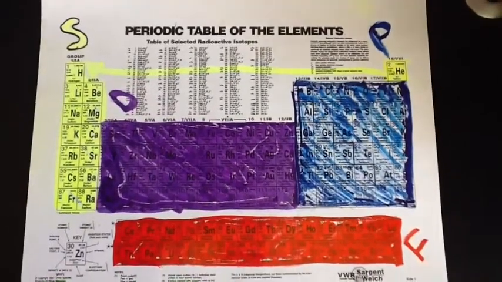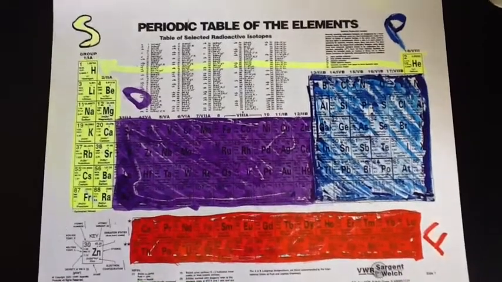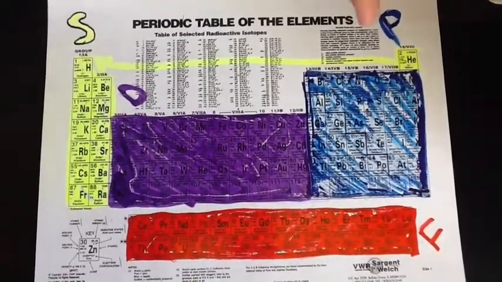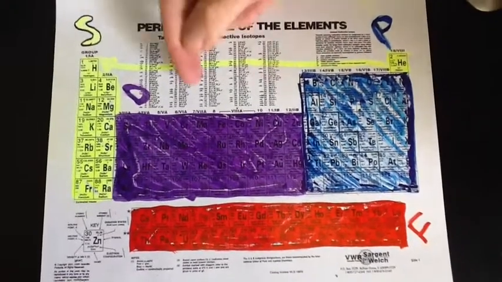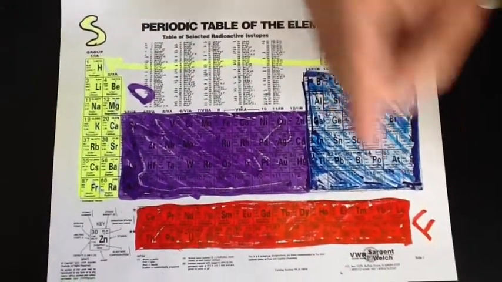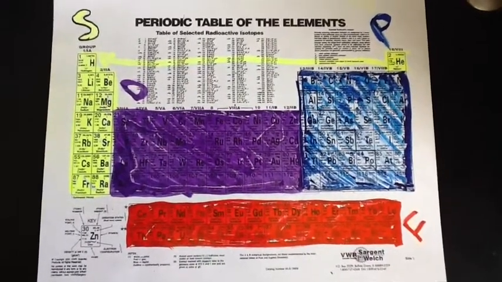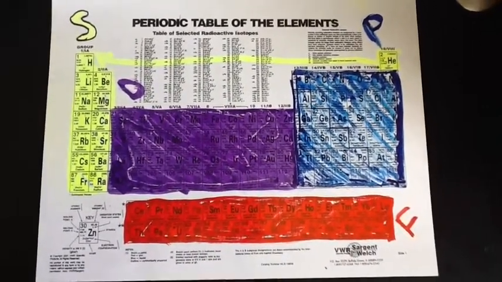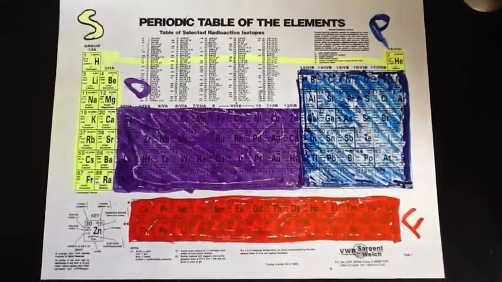The S subshell can hold a grand total of 2 electrons. The P subshell will hold 6, the D can hold up to 10, and the F can hold up to 14. Those are very, very important numbers. Make sure you get those down in your notes: 2, 6, 10, and 14.